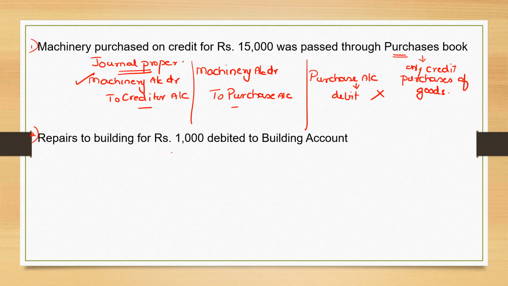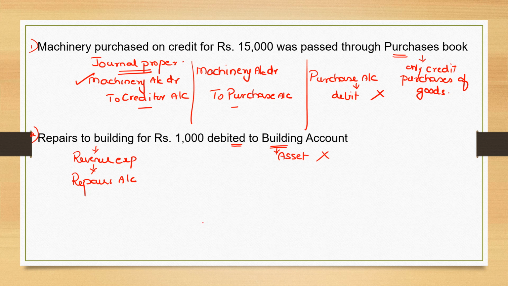Repairs to building for rupees 1000 debited to building account. Now this is a routine repair, so it is in the nature of a revenue expenditure. So this has to go into the repairs account. But what has happened? They have debited building account. They have put it into an asset account, which is a wrong treatment, a wrong application of the accounting principle.